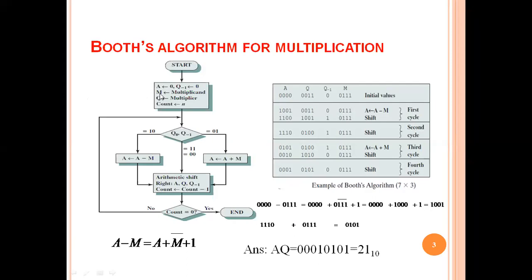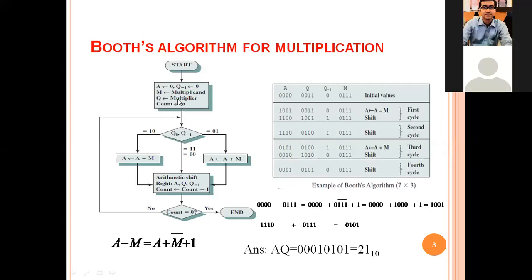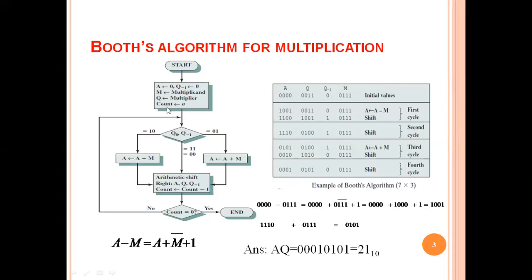M is another register which stores the multiplicand. Q is another register which stores the multiplier, and n is the number of times we have to rotate the loop. Clear? Now what should be the value of n, I will discuss after some time.